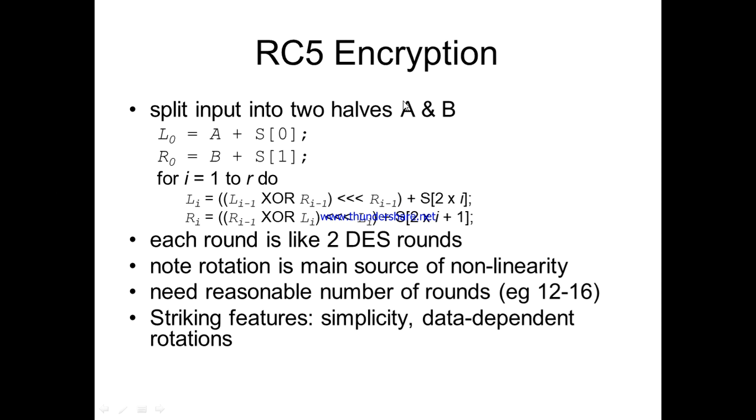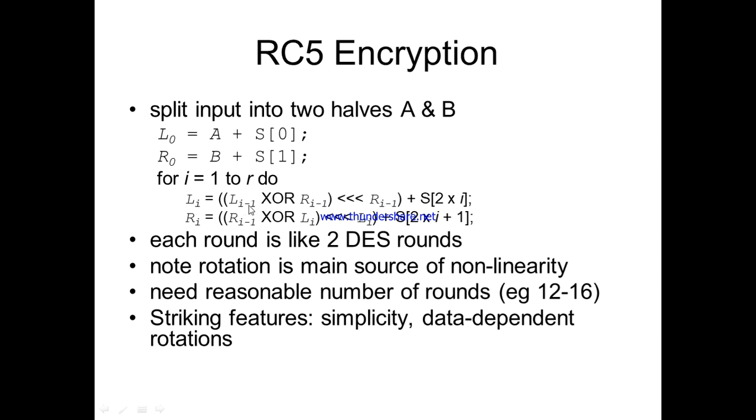It is just like we are performing 2 DES rounds in each round. So that is why the complexity is more in RC5. But the design and implementation are simple. Why? Because it is using only XOR, left shift, and addition operations. It is not going for substitution boxes.